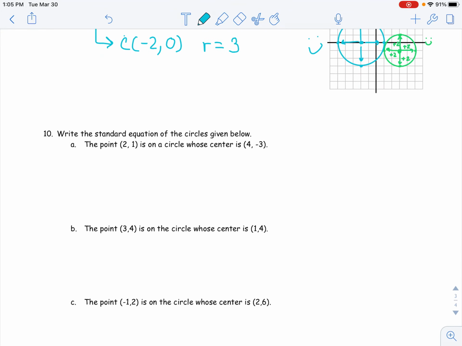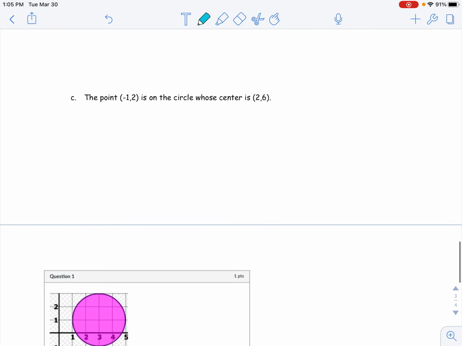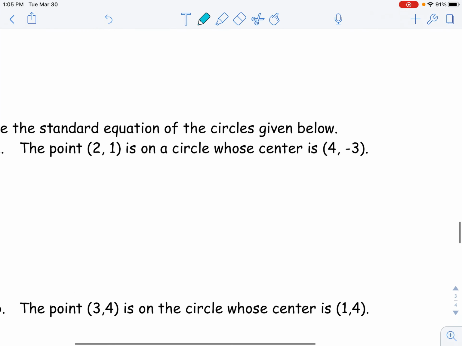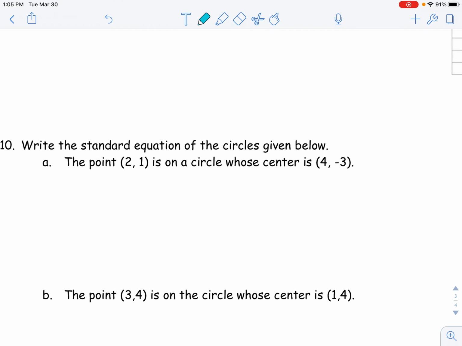All right. And then we're going to write the standard equation of a circle given below. All right. The point (2, 1) is on a circle whose center is (4, -3). All right. So what we got to do here is find the radius. Let's do that first. Let's find the radius.